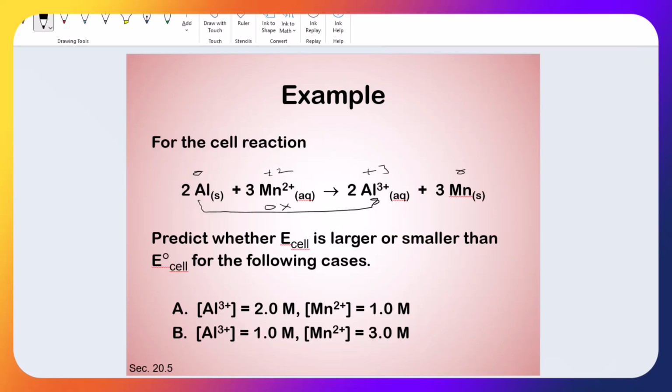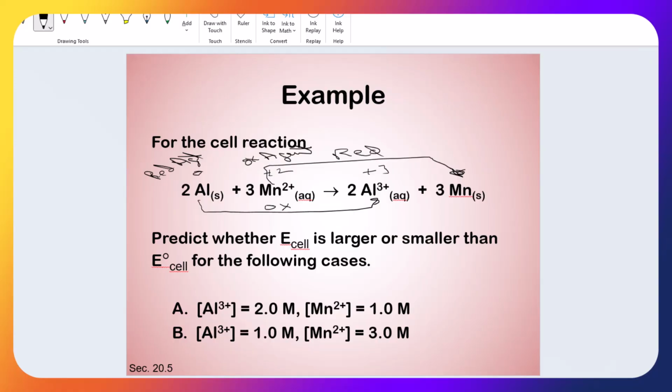That makes aluminum the reducing agent. Manganese 2 plus is being reduced to 0. That's reduction. And that makes manganese 2 plus the oxidizing agent. Oxidizing agents get reduced, reducing agents get oxidized.